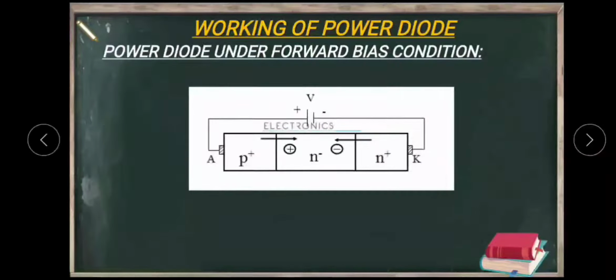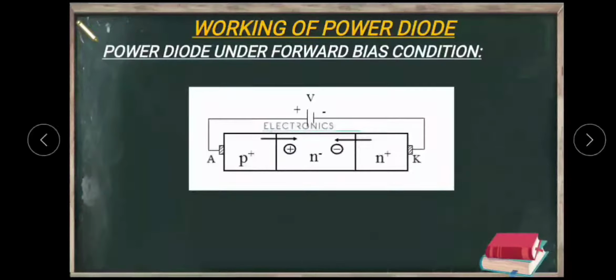As a result, holes and electrons are injected into the N minus region, which we call the drift region. This mechanism we call double injection. Due to this double injection process, the resistance of the drift region reduces gradually. As a result, the diode starts conducting. This phenomenon we call conductivity modulation. This is all about the forward bias condition.